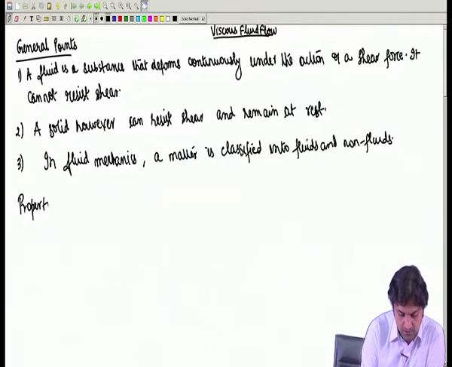Another basic revision is properties of fluid.